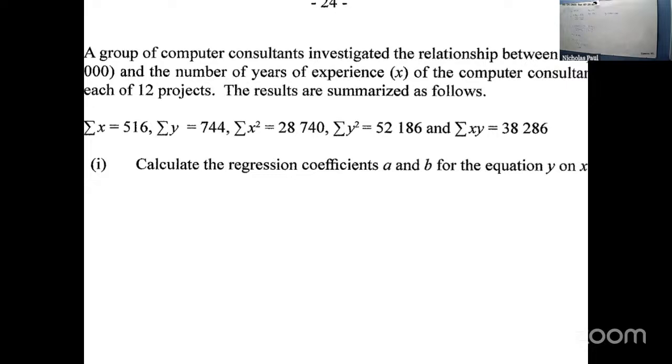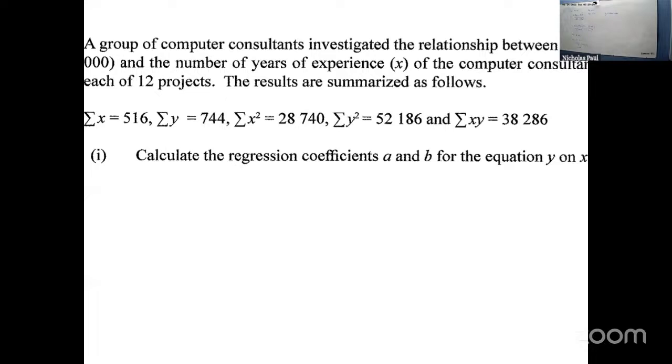Anyway, I'll just call it out. The value for B is 0.96, the value for A is 20.72, and the value for R was 0.99. That's a very strong correlation, right? That's almost one, a very strong positive correlation.